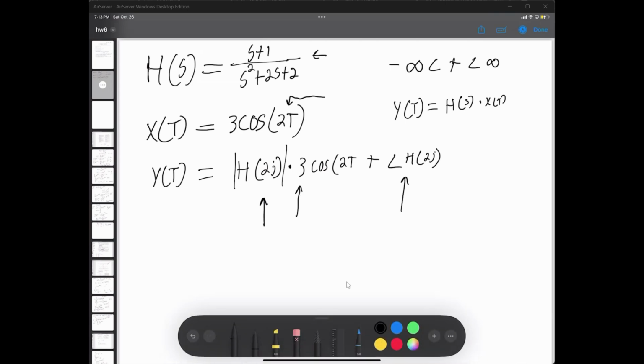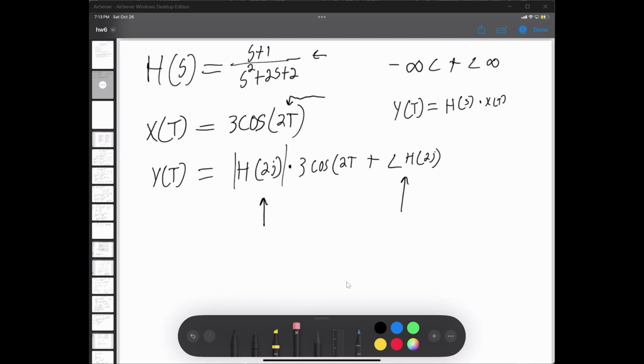It's all about the frequency of the input. We're evaluating the transfer function at the frequency to see how it affects the amplitude and the phase shift. But the frequency is not changing. As you see here, it is still 2t in our final answer.